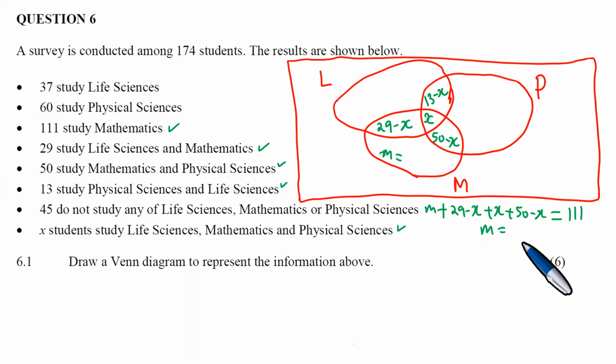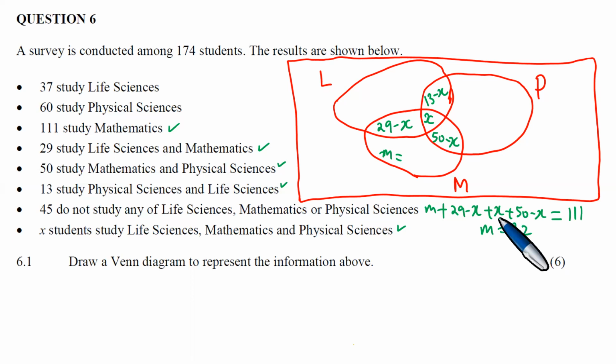In other words, what we are saying is 111, you do that in your head, minus 29 minus 50. That is going to give you 32.